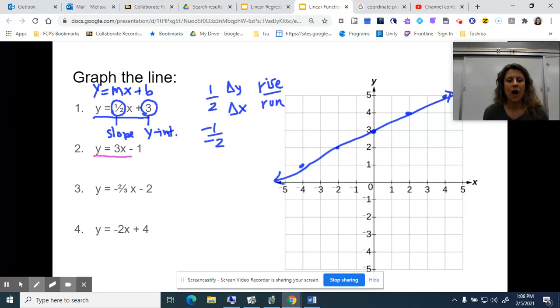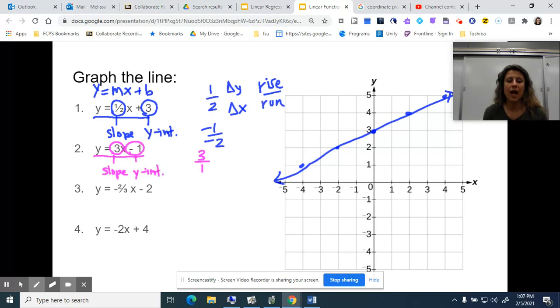We're going to graph y equals 3x minus 1 in this pink color. Okay, so looking, our slope is 3. It might be helpful to write that as a fraction. So remember to make a whole number into a fraction, we would just stick it over 1. And our y-intercept is -1.